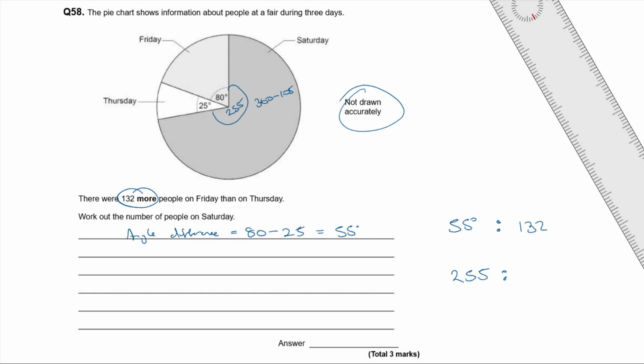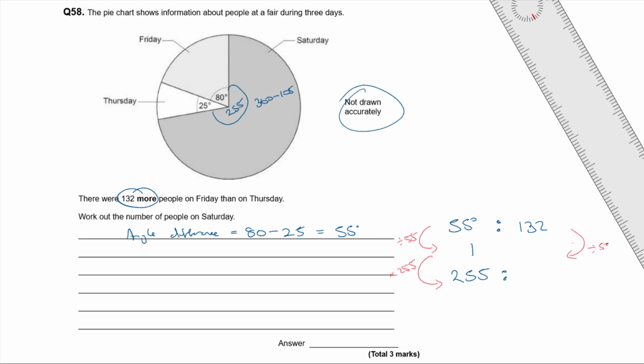Now I can do that using what's called the unitary method. So if I know that 55 degrees is 132 people, if I then divide it by 55 and then times it by 255, it should take me to the answer then. So I'm going to do 132 divided by 55. I'm going to do the same thing on this side.